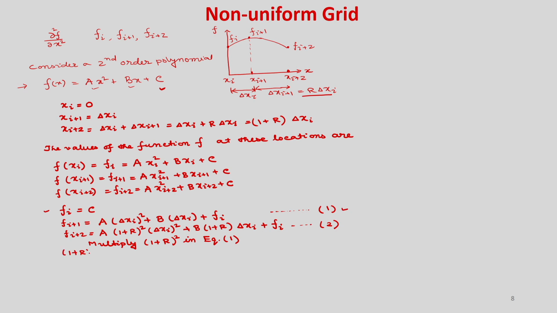If you multiply in this equation 1, what will you get? (1 plus r) whole square fi plus 1 is equal to... Now you are multiplying (1 plus r) whole square, so a into (1 plus r) whole square delta xi square plus b into (1 plus r) whole square into delta xi plus (1 plus r) whole square into fi.